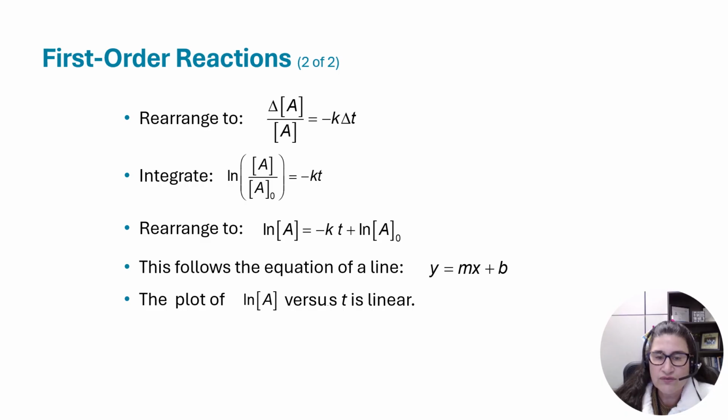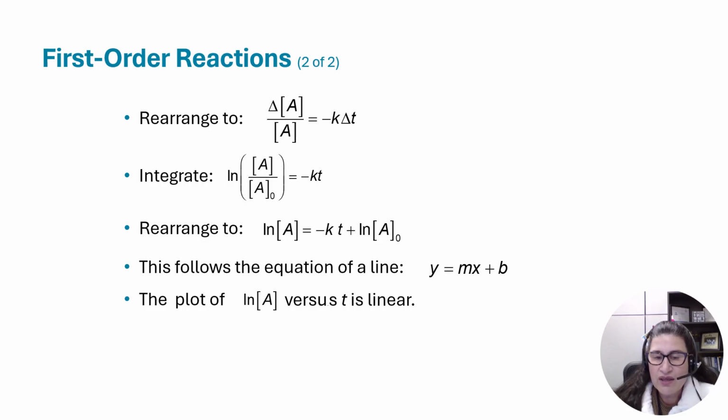Now, what is important about this is that this matches the format for a straight line, y equals mx plus b, meaning if I plot ln of A on my y-axis, minus k is my slope, t is my time, which is plotted on the x-axis, and then my y-intercept would be ln of the initial concentration.